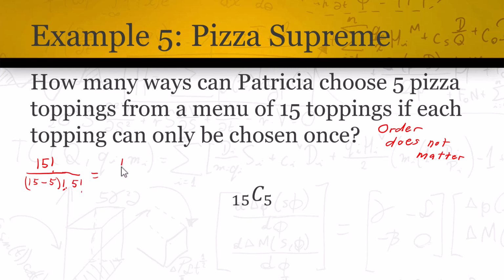Okay, so that will be 15 factorial divided by 10 factorial times 5 factorial. Or we can simplify that as 15 times 14 times 13 times 12 times 11 divided by 5 factorial, which is 120. And that will give us 3003.